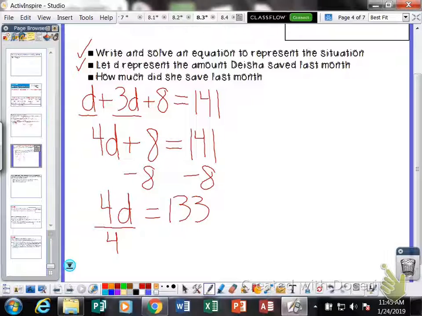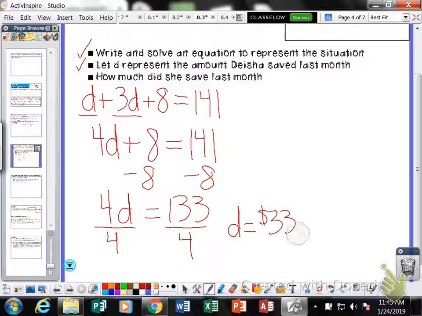Divide each side by 4, and that gives us our final answer of D equals $33.25. So now we know that Deisha saved $33.25 last month.